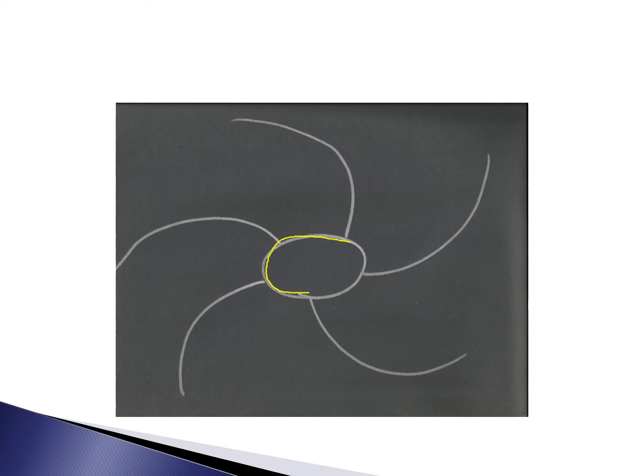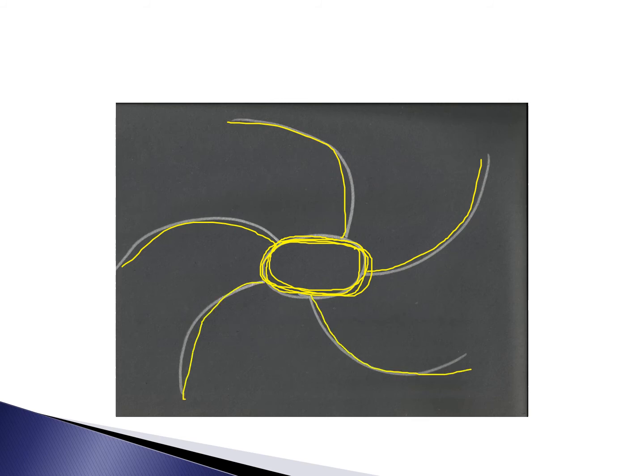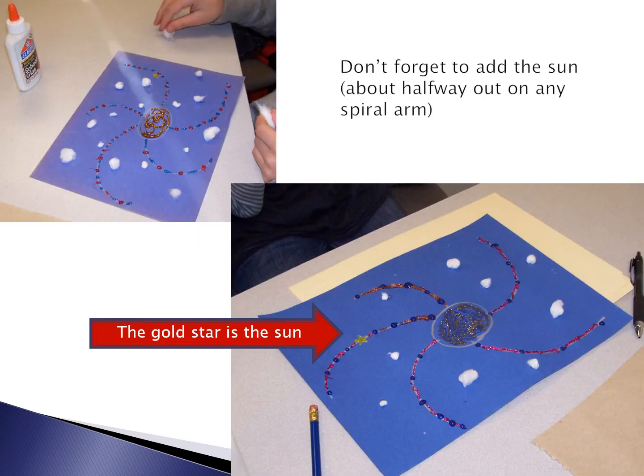So I make the central bulge, and I usually make that a little elongated so you can hedge your bet as to whether you want to have a spiral or a barred spiral. And then I outline a bunch of spiral arms. And this is going to be for the children to trace out and add to. And here's where the arts and crafts come in.